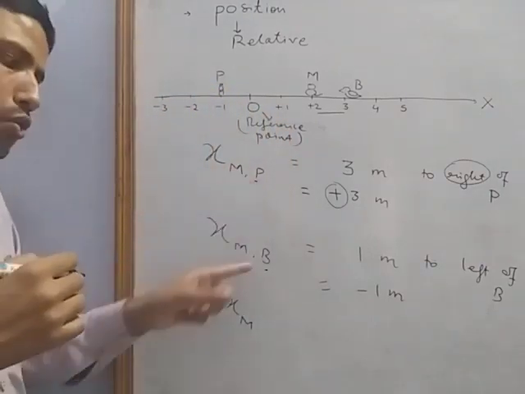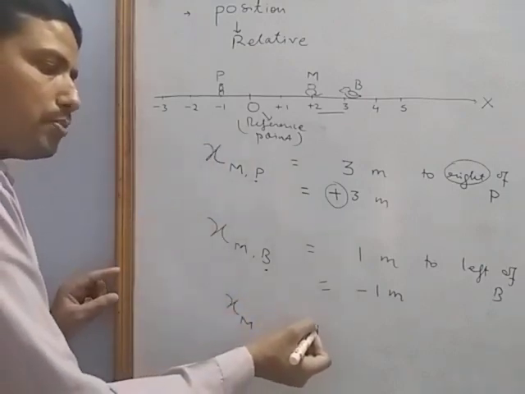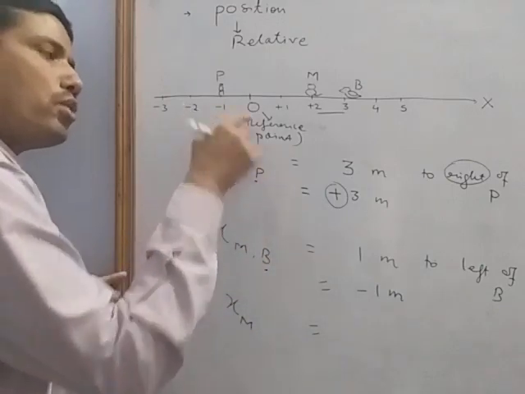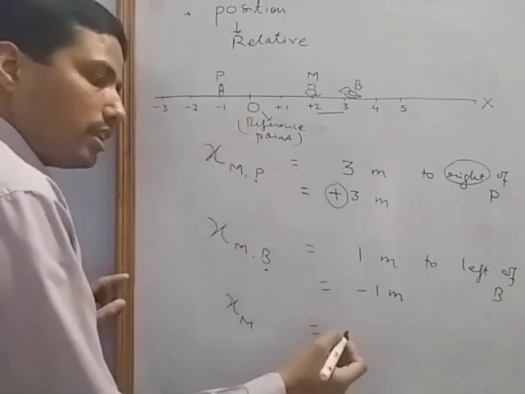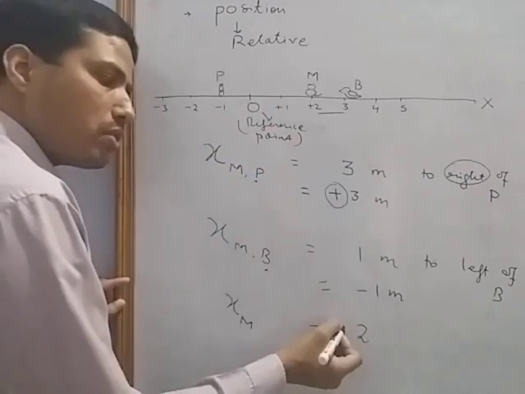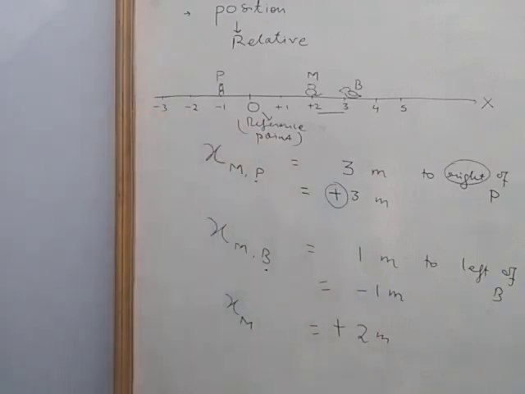Unless stated, you always choose the origin as the reference. If somebody asks what is the position of the monkey, position of monkey with respect to the reference, that is the origin, is how many steps? 2 steps. To the right or left? Right. I should write it as plus 2 meters. So this is the first concept, position.